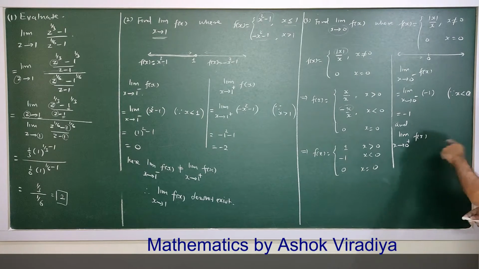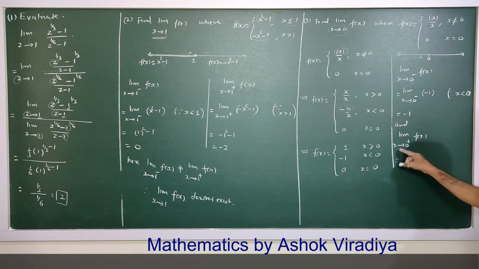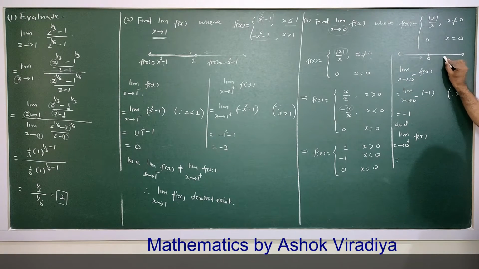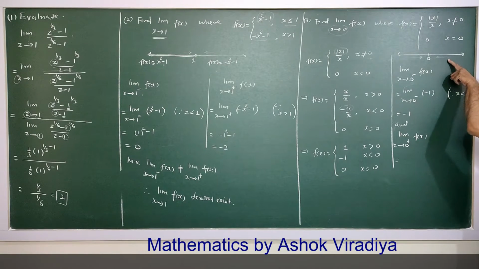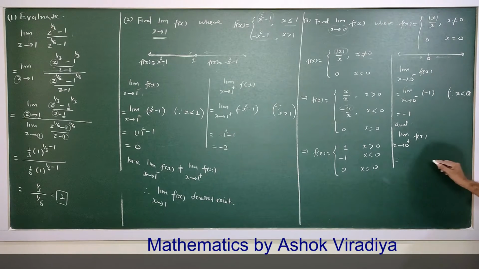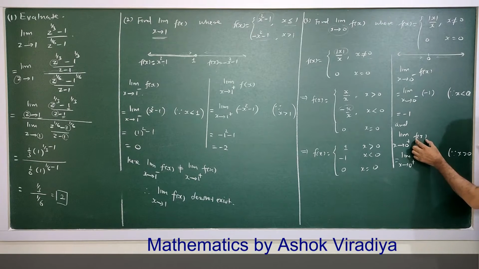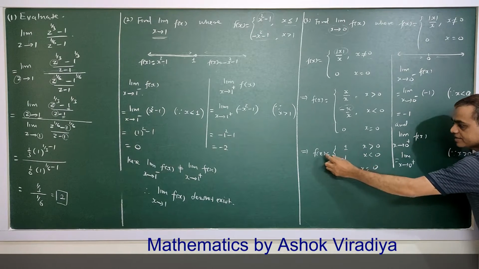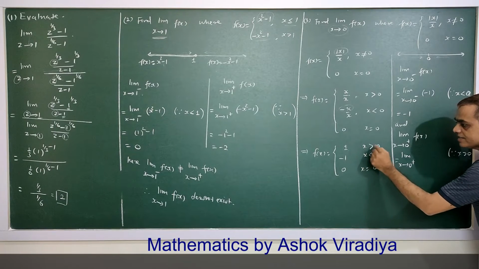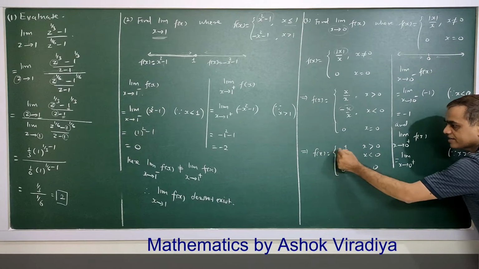Now, right hand limit. X tends to 0 from the right side, means x is coming towards 0 from this side, so all x are positive. And if all x are positive, then the value of f(x) is 1. If x is more than 0, f(x) is 1.